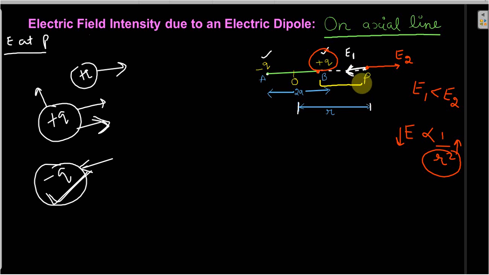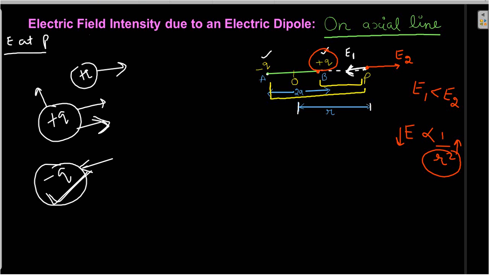The minus Q charge is far as compared to the positive Q charge. So this Q charge is very near to P. It means the electric field produced by this positive Q charge will be greater. It will be strong. That's why I have represented it by the larger arrow, E2.